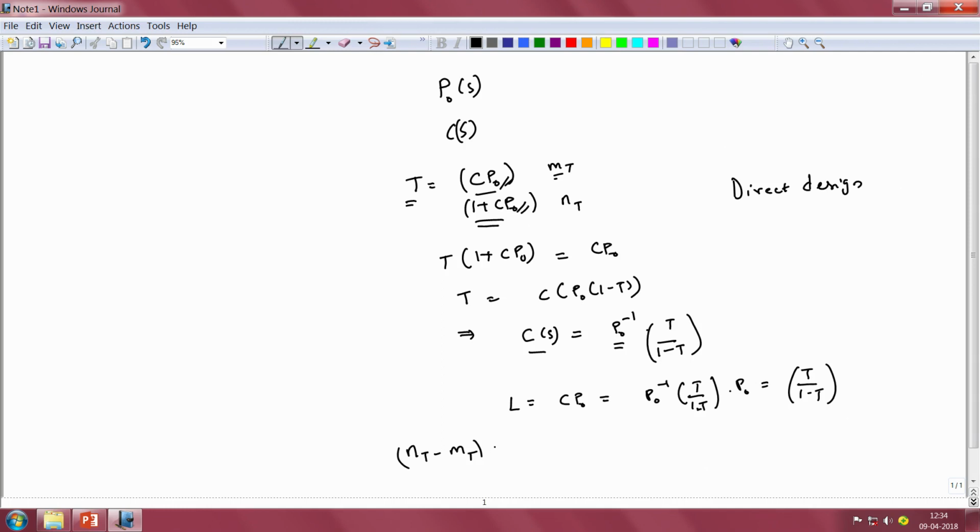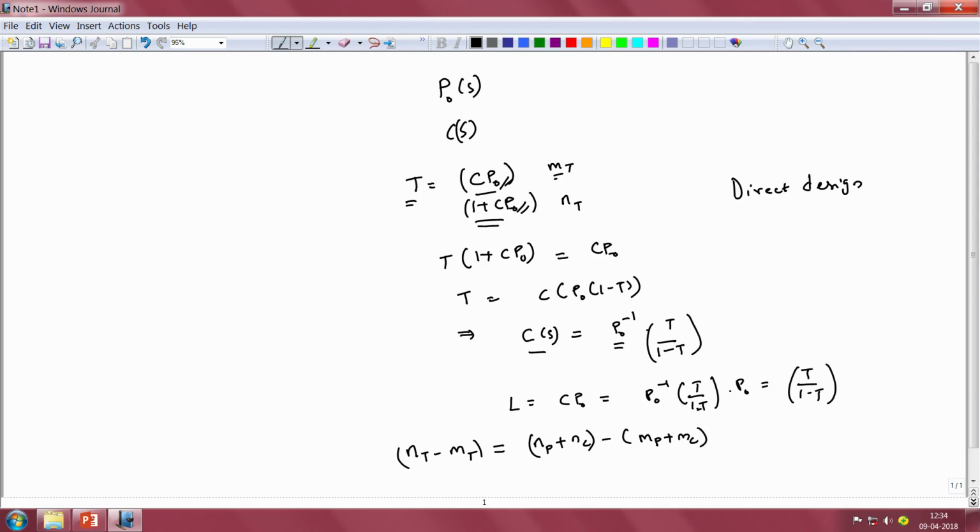So nt minus mt is going to be equal to np plus nc, where np and nc are the degrees of the denominator polynomials of the plant and the controller respectively, minus mp plus mc, where mp and mc are the degrees of the numerator polynomials of the plant and the controller respectively.